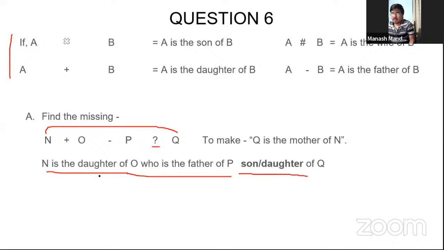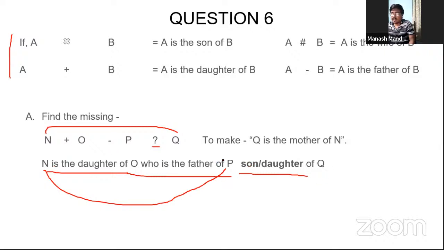So n is the daughter of this person, who is the father of p. So these two are brother and sister, right? n and p are brother and sister, we know from the statement.